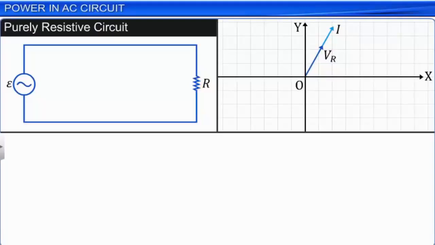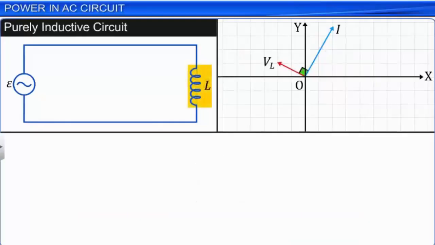In this case, since the phase difference between the AC voltage across the resistor VR and the current I is 0, that is, the value of cos phi is 1, it implies that the power factor is maximum or unity. Hence, power dissipation is the highest in a purely resistive circuit.